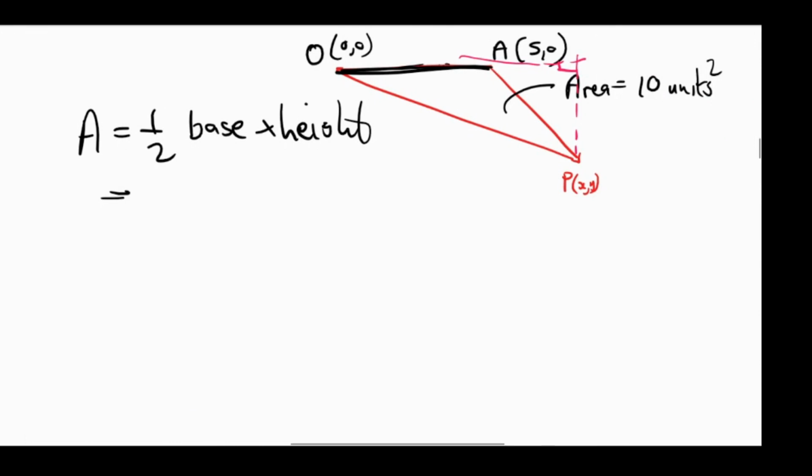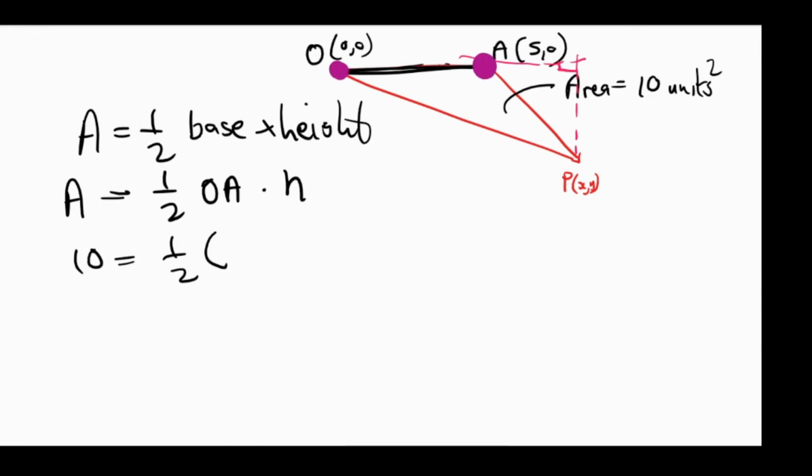So now we have half. What is our base? It's OA multiplied by our height, which is unknown. So our area we're given is 10 equals to 1/2. And then our OA, since it's from this point up until that point, and we know that the x value of A is 5, because it starts from the origin and then it goes to A, we're just going to write 5 here, multiplied by H. Then we cross multiply, we have 10 times 2 equals to 5H.